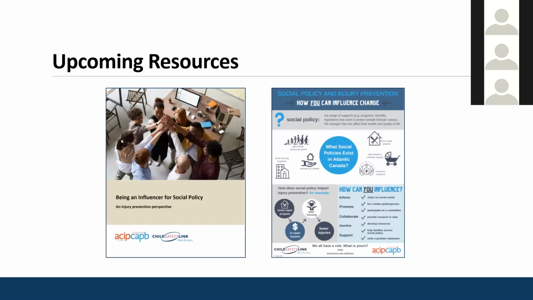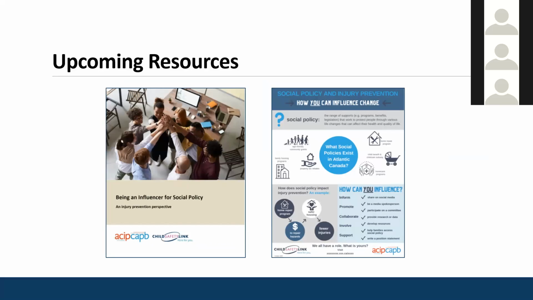And then as mentioned, coming in the new year, we will be launching a report around being an influencer for social policy. So really getting into specific examples of the different activities and roles that stakeholders can take when it comes to the social policy process.